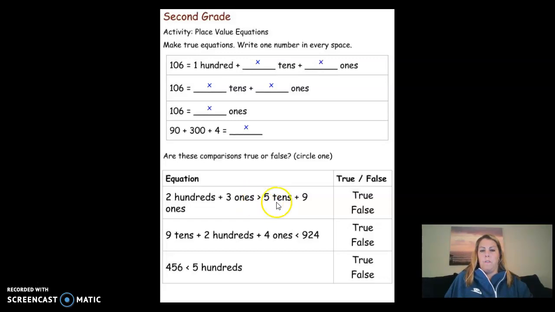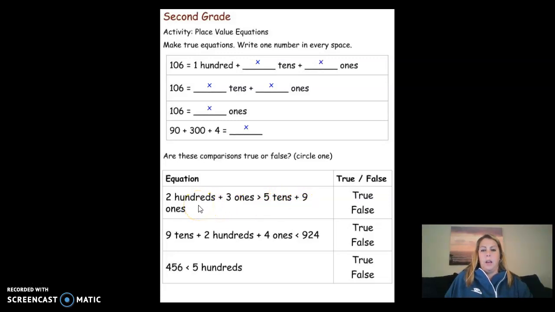And then they say 5 tens plus 9 ones. So if I look at this first part of the equation, 2 hundreds and 3 ones. So 2 hundreds, a 0 in the tens place, and 3 ones. So my number would be 203 is greater than 5 tens and 9 ones. And I know that 5 tens and 9 ones makes the number 59.